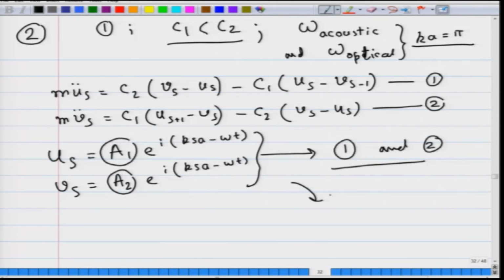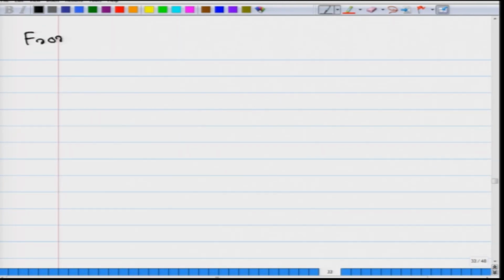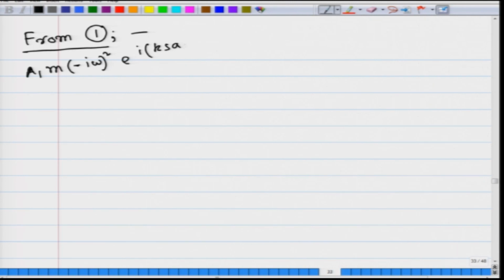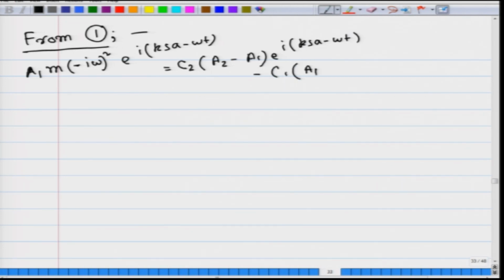Okay. So, by putting in 1 we will get: A1 m (minus i omega) squared e to the power i(Ksa minus omega t) equals C2 [A2 minus A1] e to the power i(Ksa minus omega t) minus C1 [A1 e to the power i(Ksa minus omega t) minus A2 e to the power i(K(s minus 1)a minus omega t)].